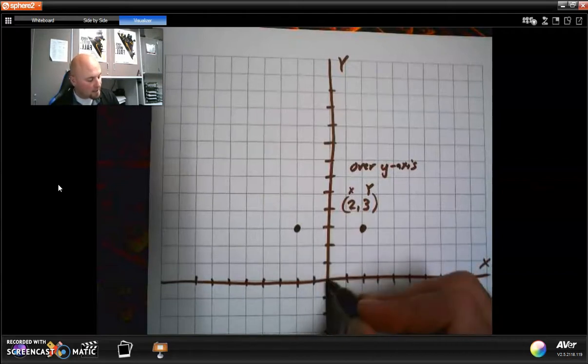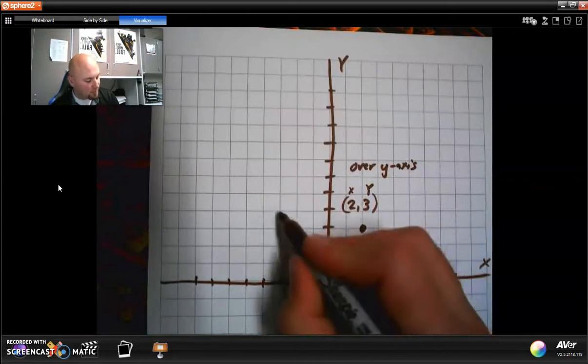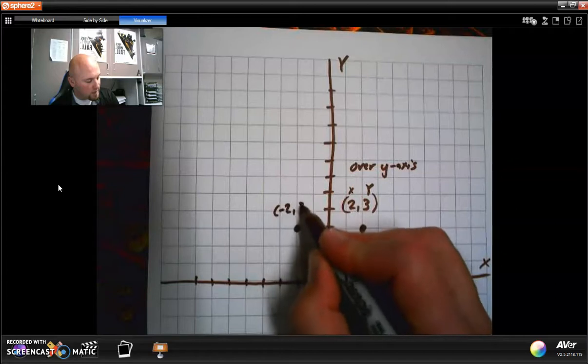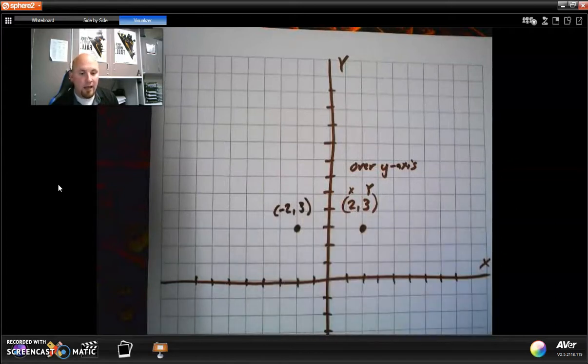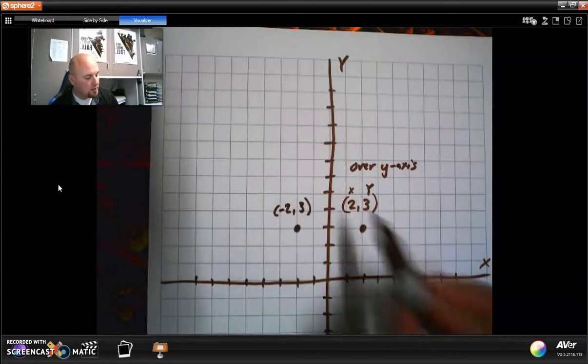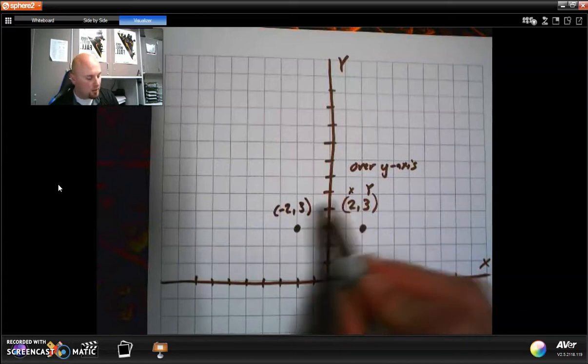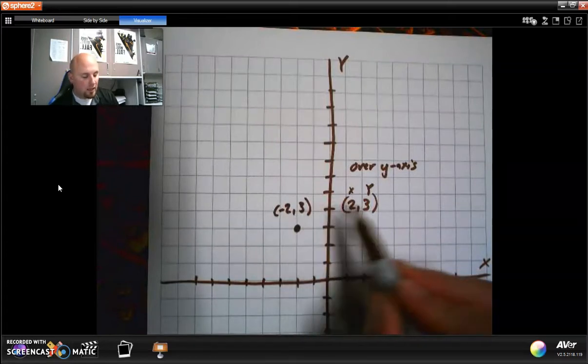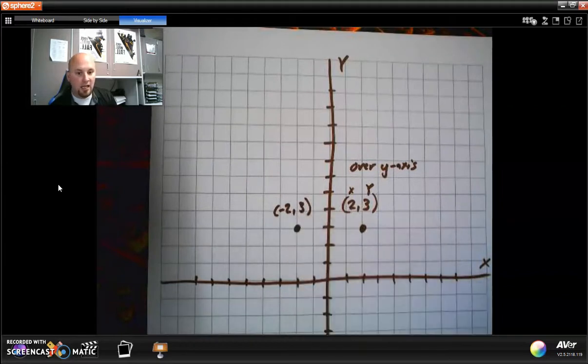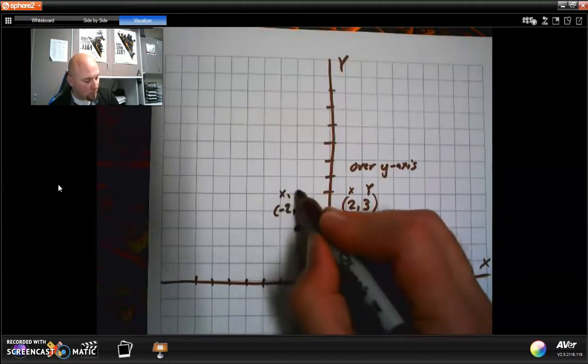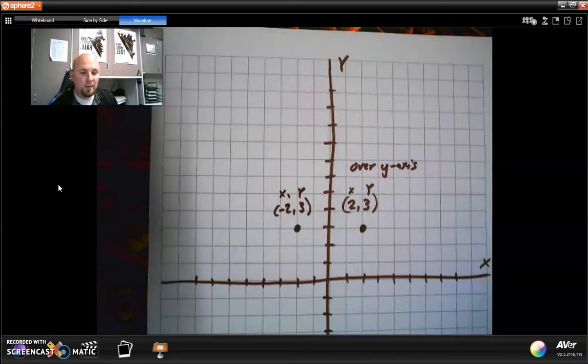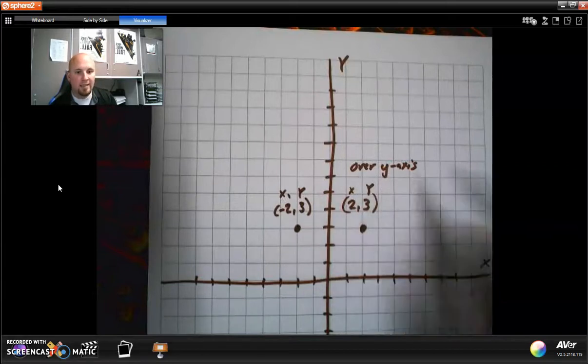Well, that dot is at -2, +3. And if you look at the numbers, 2 became -2, and 3 did not change. Still my x and my y coordinate, but what we care about is, what is the rule when I flip over the y-axis?